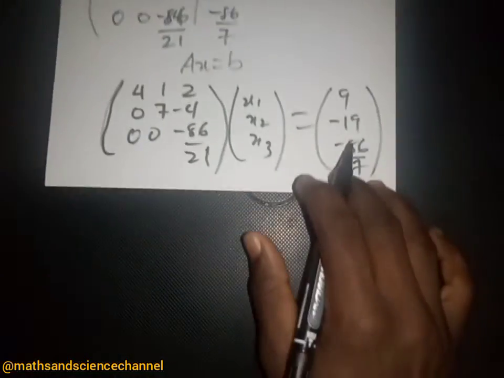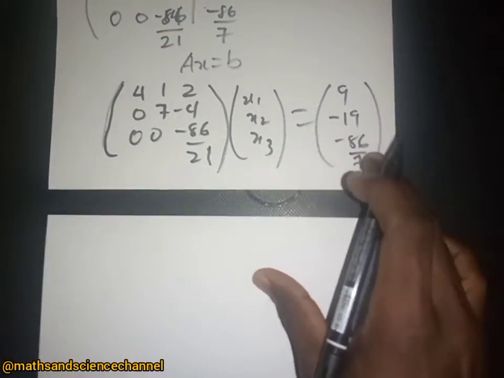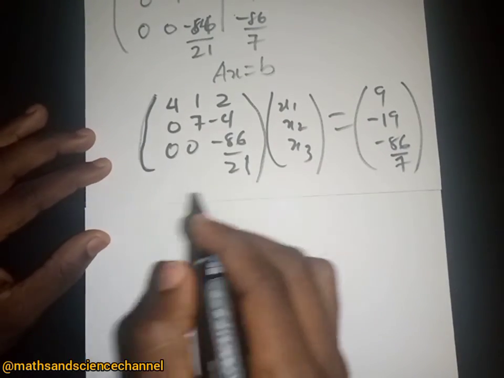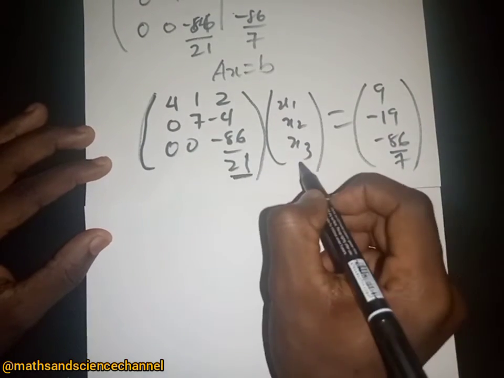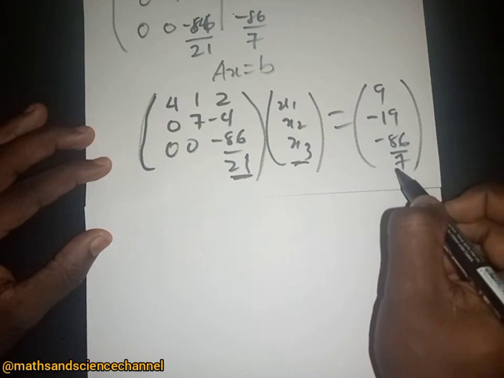So from here we're going to find x1, x2 and x3. So if you look at the last part, we have this, then multiplied by this being equal to that.